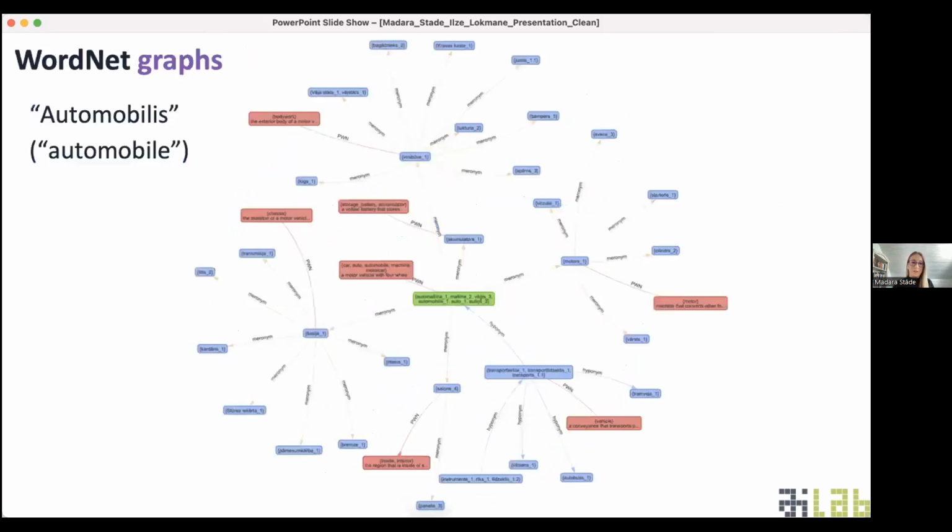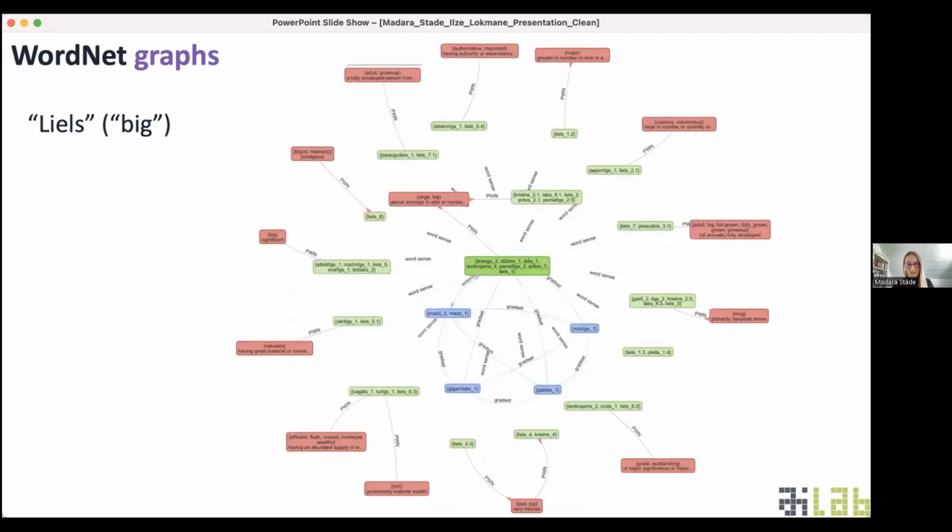learner. Here you can see the real life graphs of the Latvian WordNet. Here, for example, is a great example of meronomy. So cars and parts of a car, and then other components that these parts consist of.